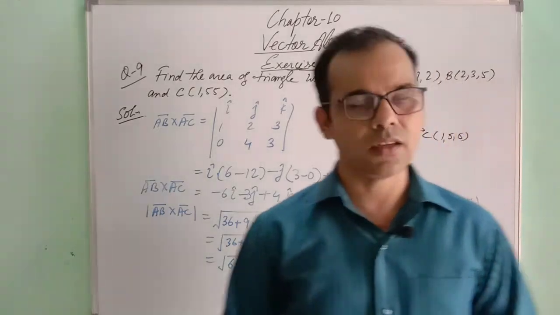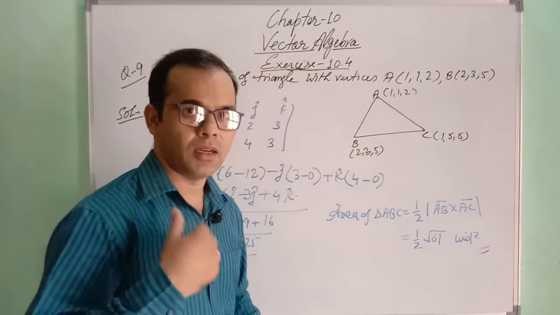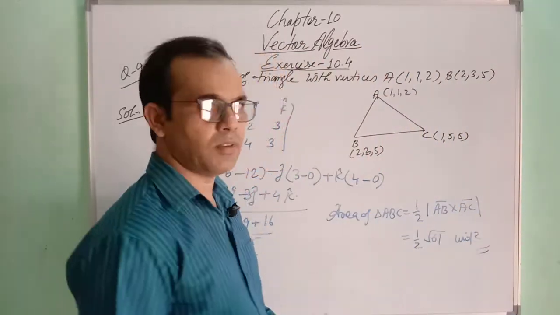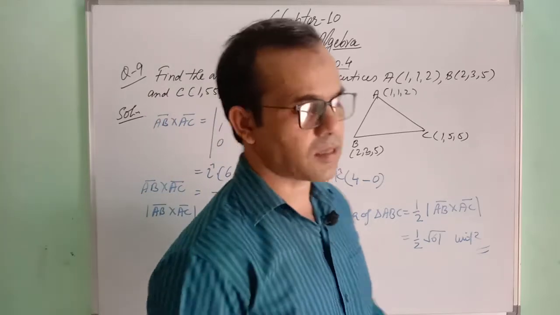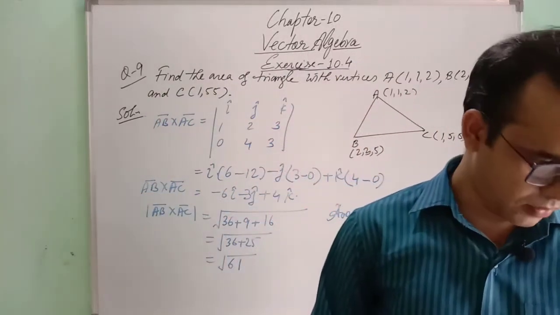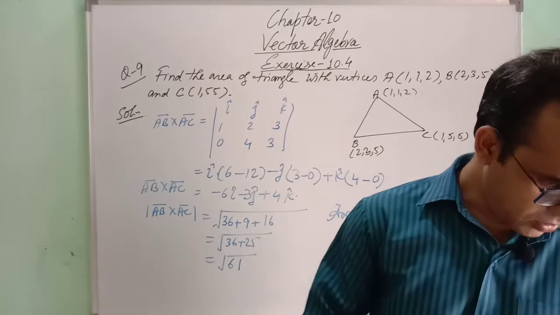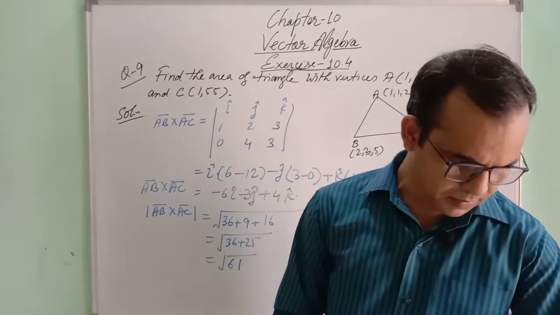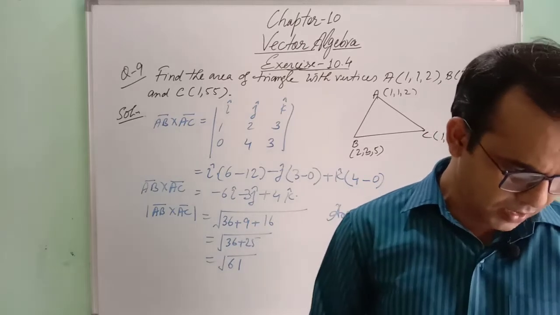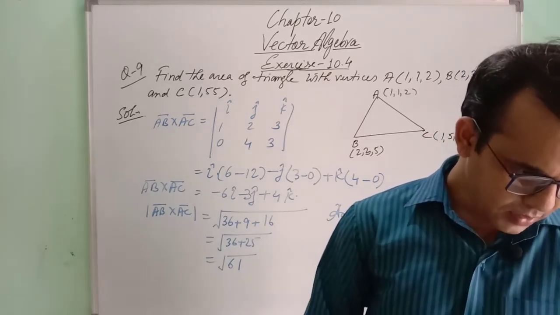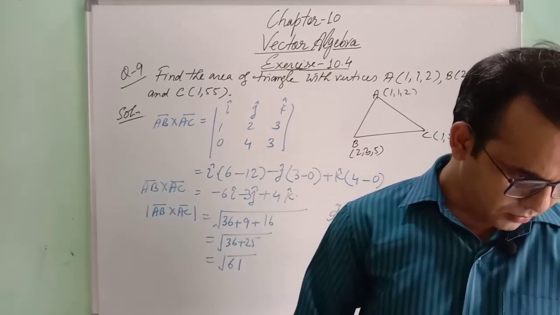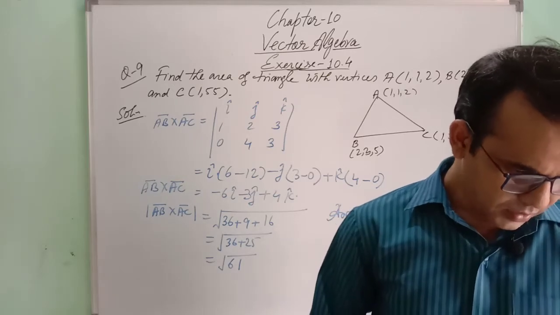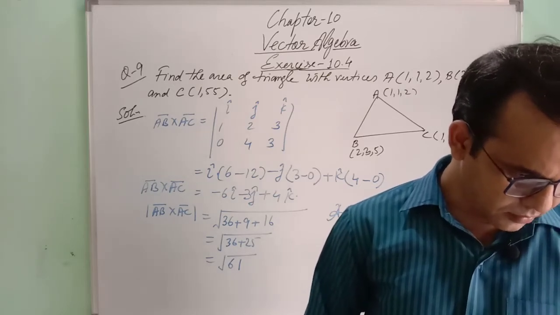You know the relation, area of parallelogram equal to magnitude of A cross B, where A and B are adjacent sides of the parallelogram. So I am leaving question number 10 to you. And in question number 11, the magnitudes of vectors A and B are given, and A cross B is a unit vector. Okay, so it is also simple, and I think that you can solve.